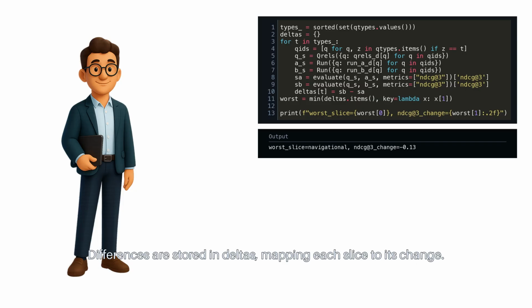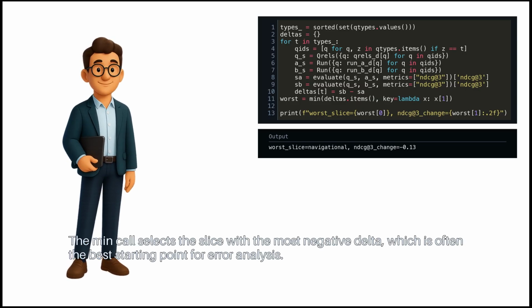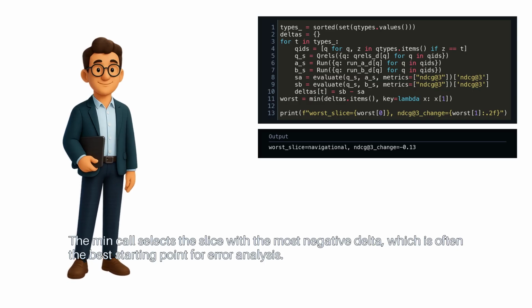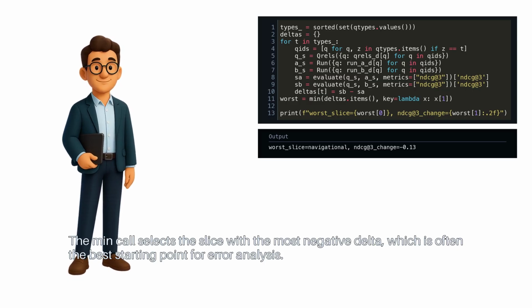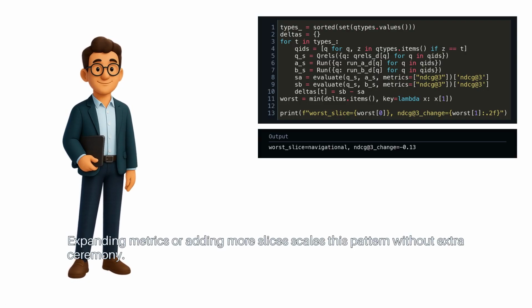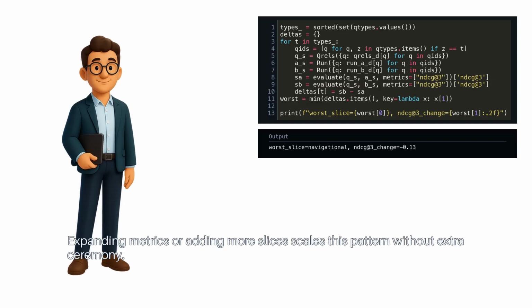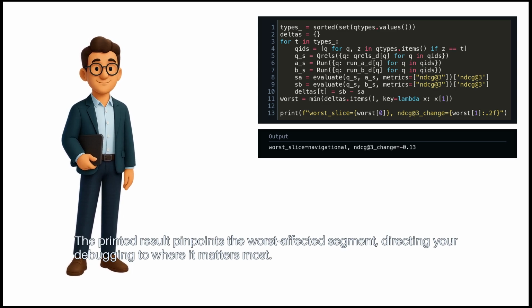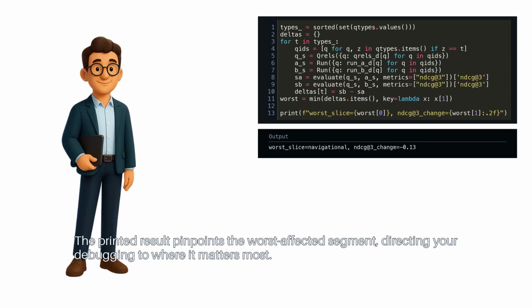Differences are stored in deltas, mapping each slice to its change. The min call selects the slice with the most negative delta, which is often the best starting point for error analysis. Expanding metrics or adding more slices scales this pattern without extra ceremony. The printed result pinpoints the worst affected segment, directing your debugging to where it matters most.